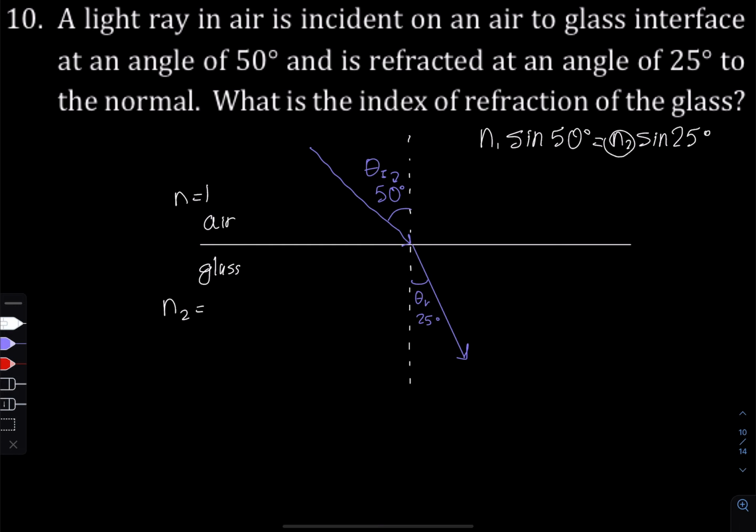And this n is what we're solving for, and this was 1. So if you solve for this second index of refraction, you're going to get 1.8126. So that's your answer.